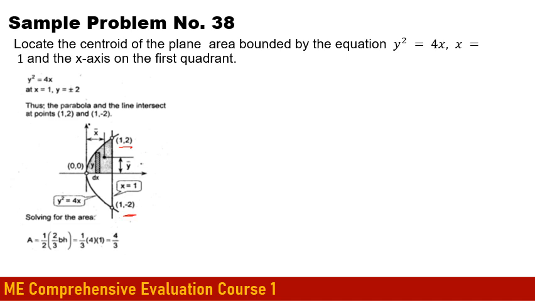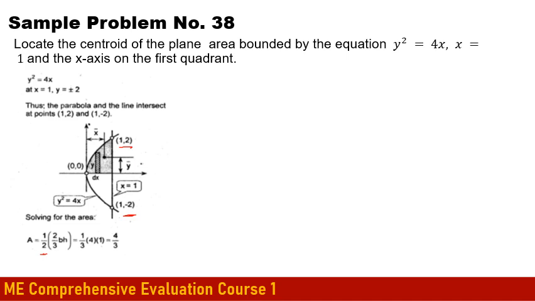Solving for the area of this portion here. The area of a parabola is simply 2/3 base times height. But since we are just looking for half of this area, that's why we have 1/2 times 2/3 base times height.